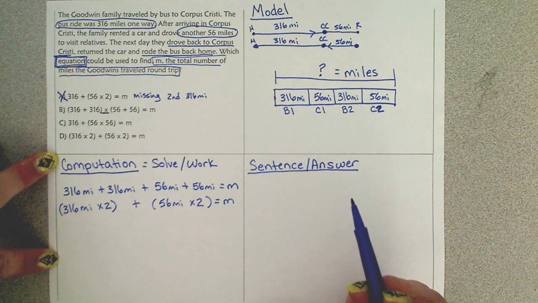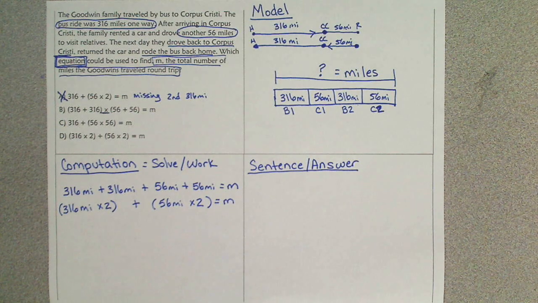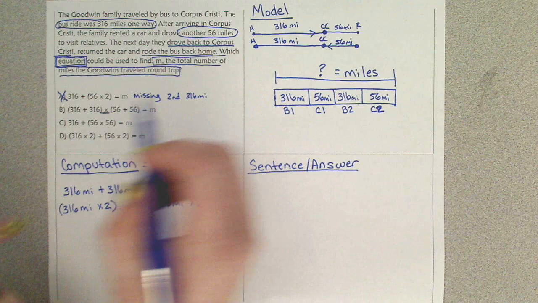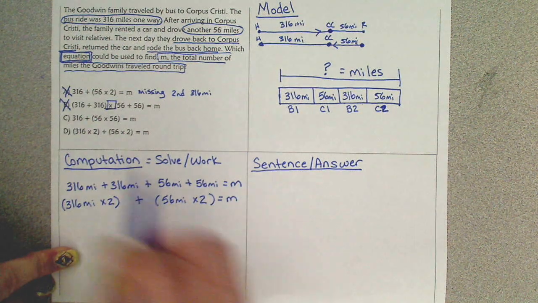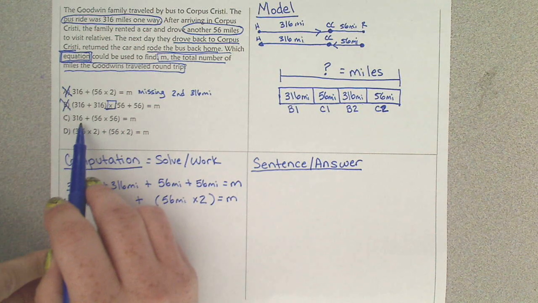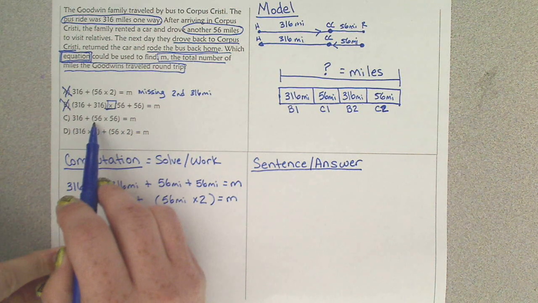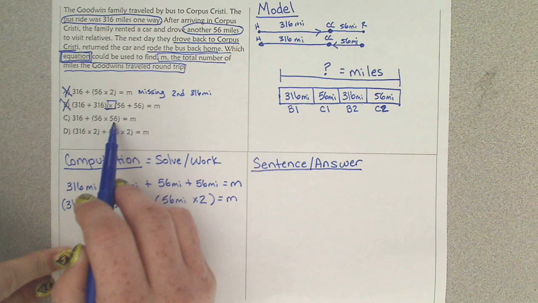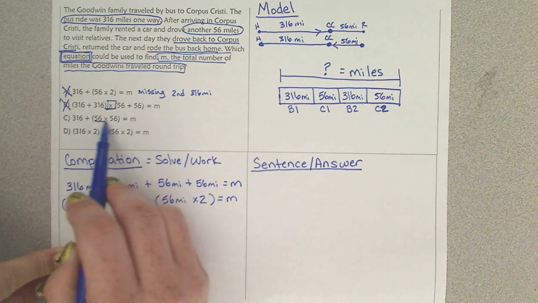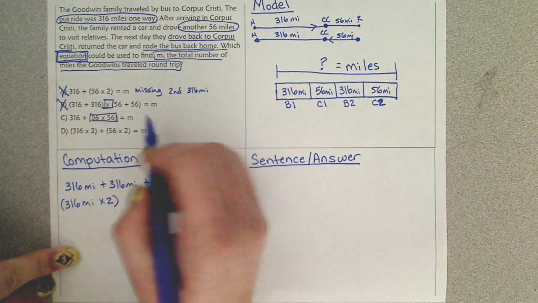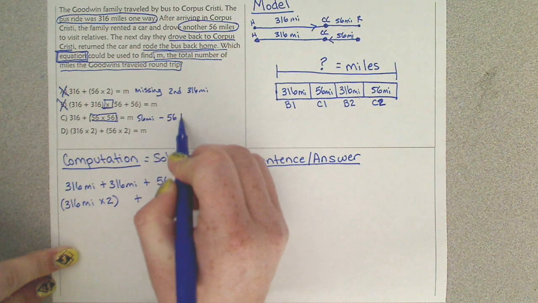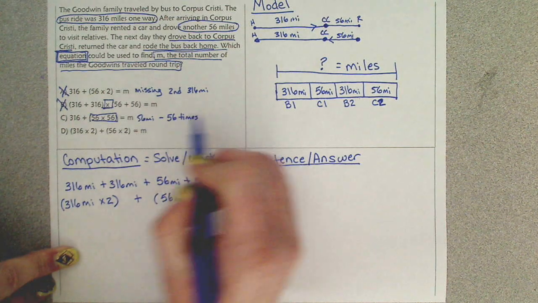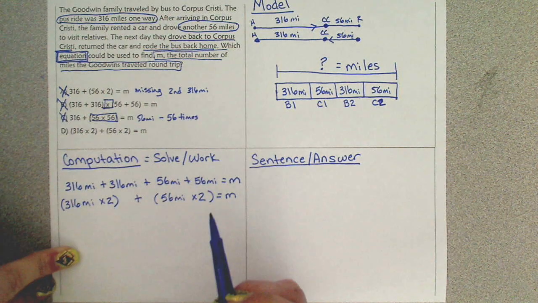That doesn't make sense. We're not multiplying the two round trips together. So this piece right here automatically makes this wrong. Now this next one says 316 miles plus 56 times 56. This right here says that they made the 56-mile trip 56 times. That doesn't make sense. They didn't do that.